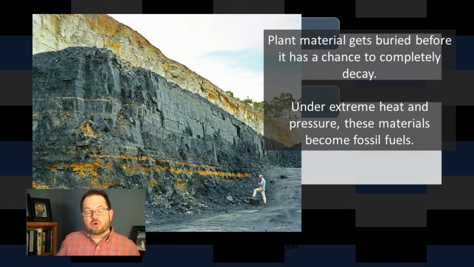Coal seams form when plant material gets buried by other sediments before it gets a chance to completely decay. Then under extreme heat and extreme pressure, under the weight of all the rocks that form on top of them, the plant materials over the course of millions of years convert into fossil fuels like coal. That is a huge coal seam, much taller than that guy.